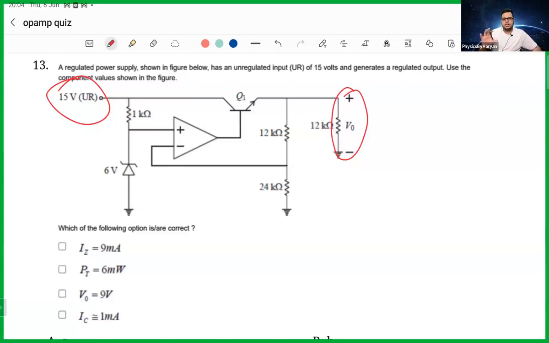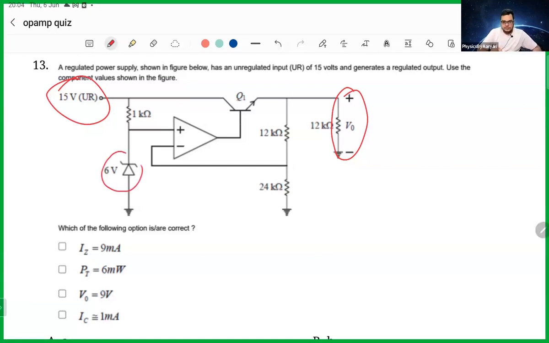That fact does not change any mathematics for us. So 15 volt is the input and we need the output. Use the component values shown in the figure, and we have to answer four things. What is IZ, the Zener current, because this is a Zener diode?